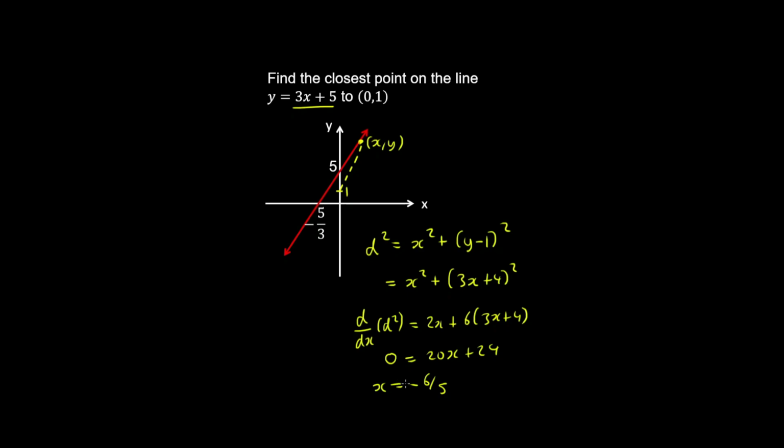If you substitute for x into this equation, you're going to get your y value, which is 7 on 5. And as you can imagine, if you draw the x and y axes to scale, the closest point on the line is going to be on the line that's perpendicular to that point.